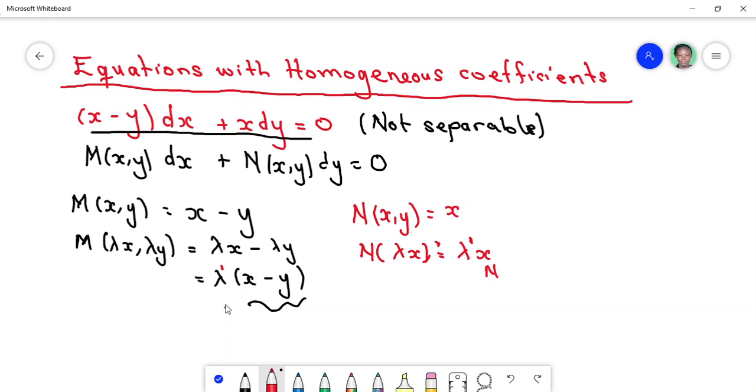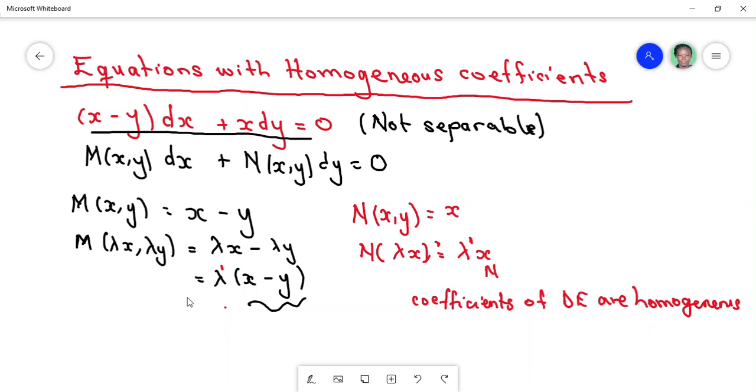So you realize that the coefficients of the differential equation, I'm using DE, are homogeneous. And because they are homogeneous, I can therefore use the substitution method.